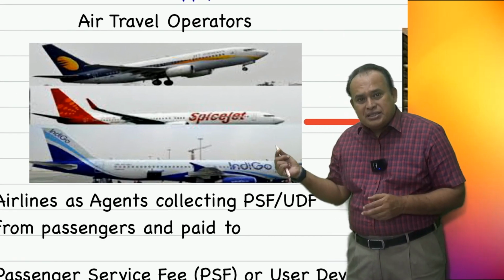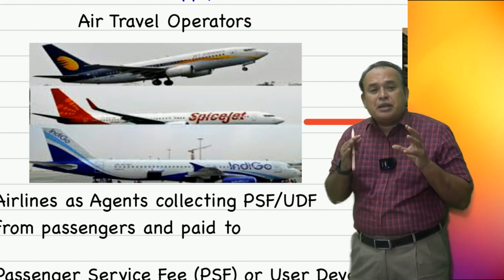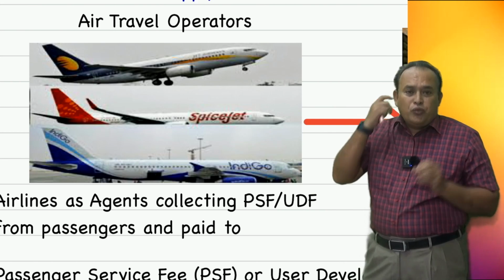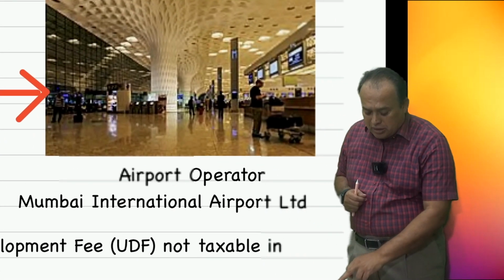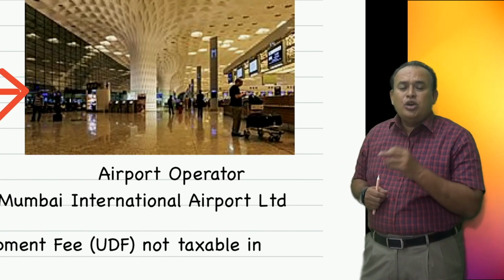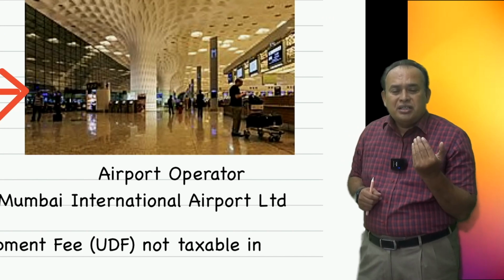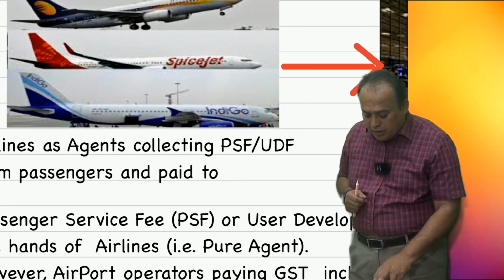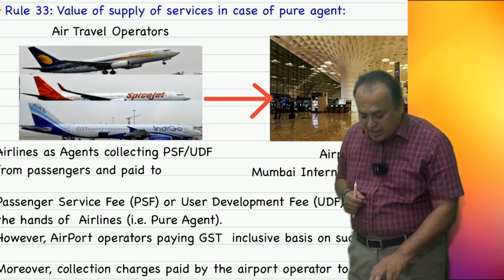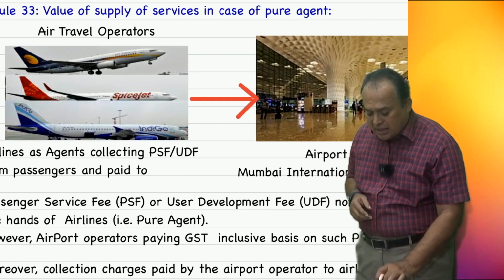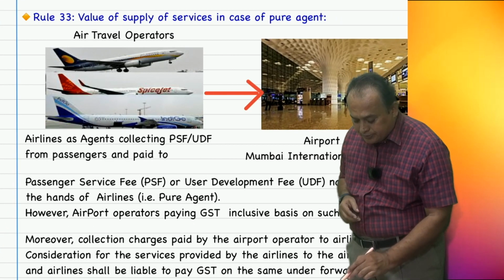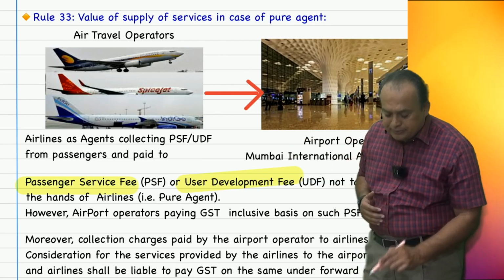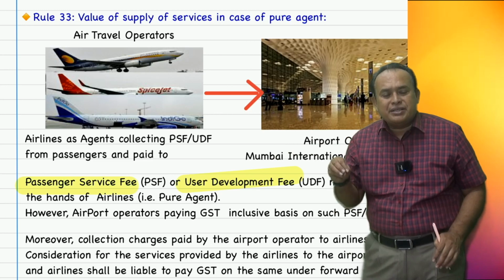Their passengers are provided facilities by the airport operator in the airport, for which the airport operator wants to charge and collect a passenger service fee, which can also be called a user development fee. From whom? Passengers.